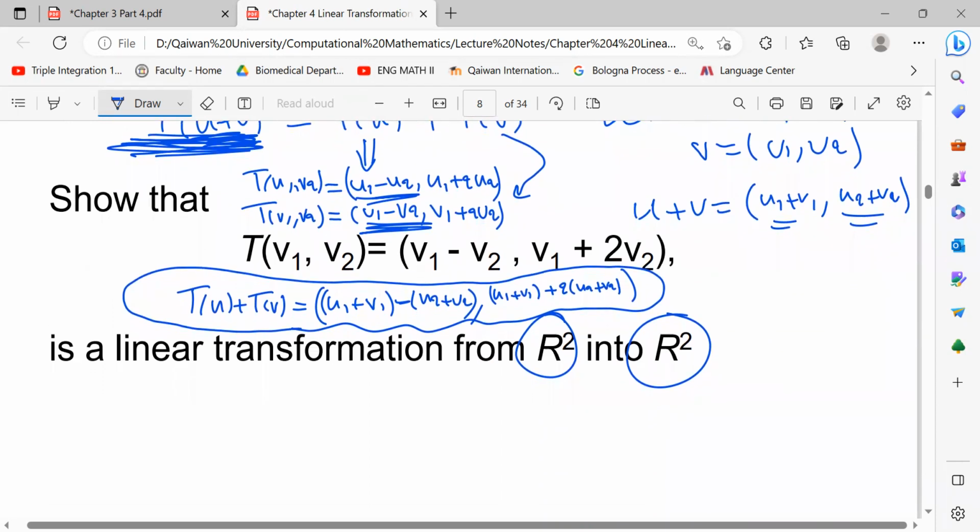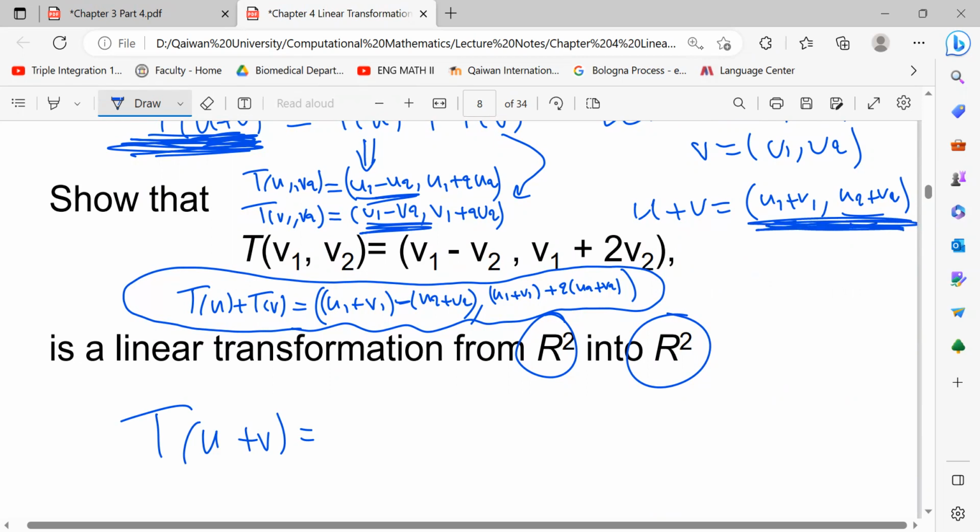If you apply the definition on that vector, what do we say? This first minus second. Look, the definition says this. It says first minus second, then comma, first plus 2 times second. So T of U plus V is T of this.